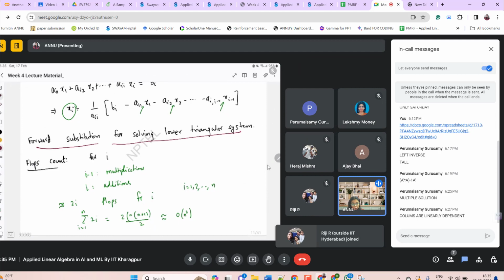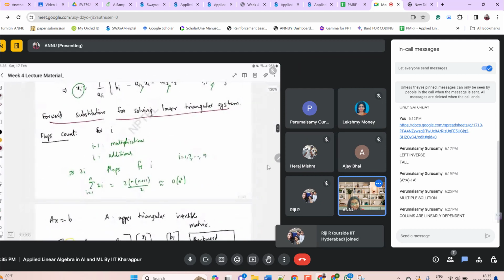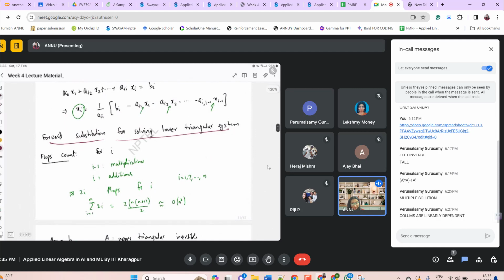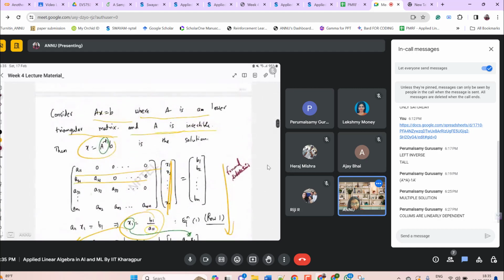Okay. Now what are you trying to do? Let's calculate the flops required for getting the unknowns in a system of lower triangular equations. Tell me how many flops are required? Anyone?